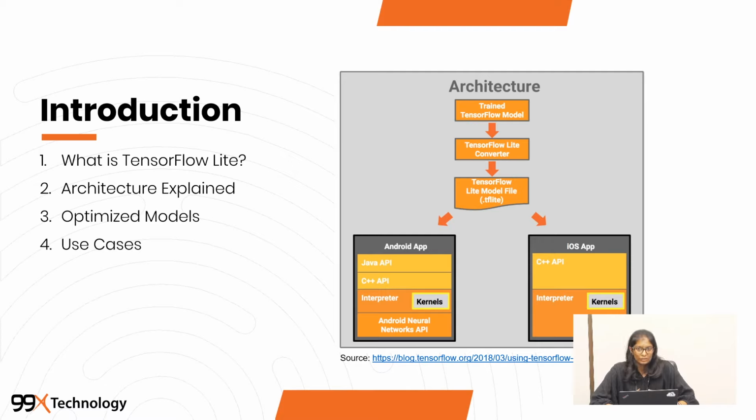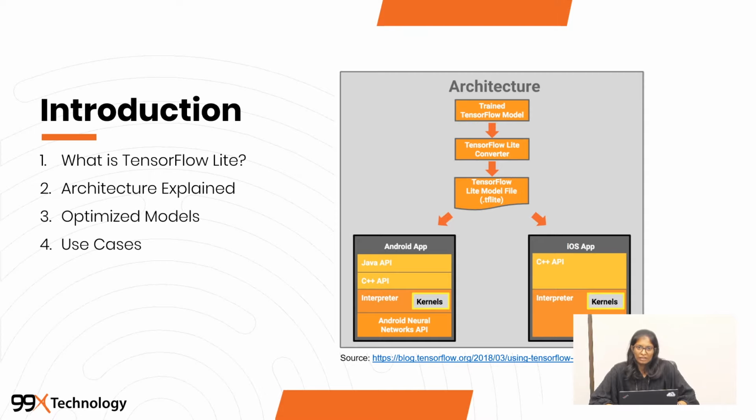When it comes to the basic flow, it usually has a C++ API to talk with the interpreter. And on the Android side, it usually has a separate Java API used by developers, and also the Android Neural Network API, which focuses on hardware acceleration.